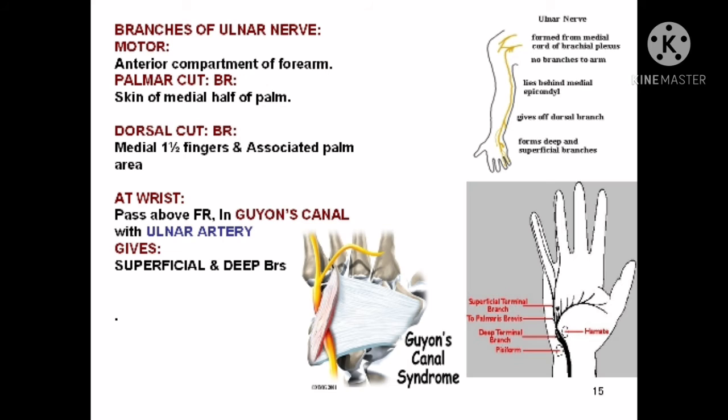The dorsal cutaneous branch supplies the medial 1.5 fingers and the associated area. At the wrist, it passes over the flexor retinaculum in Guyon's canal along with the ulnar artery and gives superficial and deep branches.